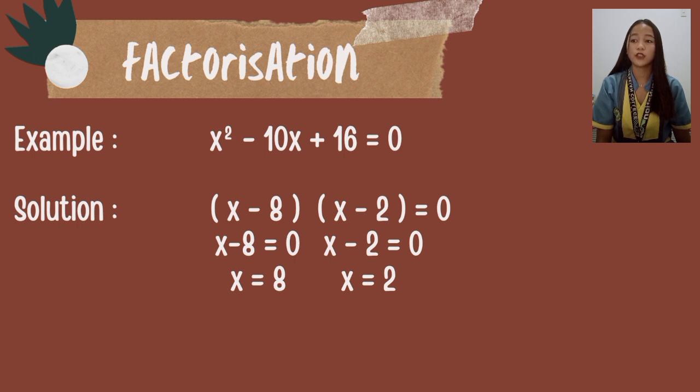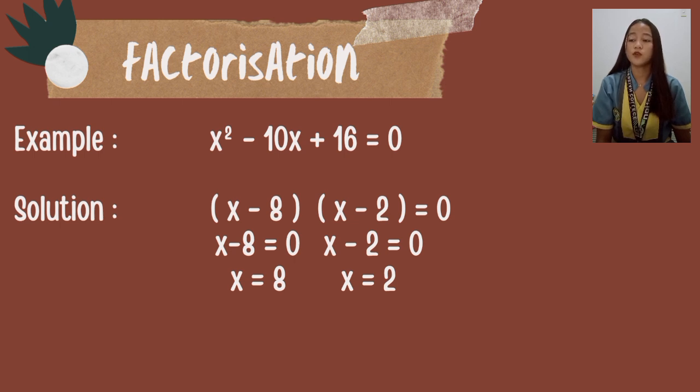And for the second term of the factors, we need to know the factors of 16 that will add to negative 10. As you can see, the product is positive 16 and the sum is negative 10, meaning the two numbers are both negative, and the factors are negative 8 and negative 2.